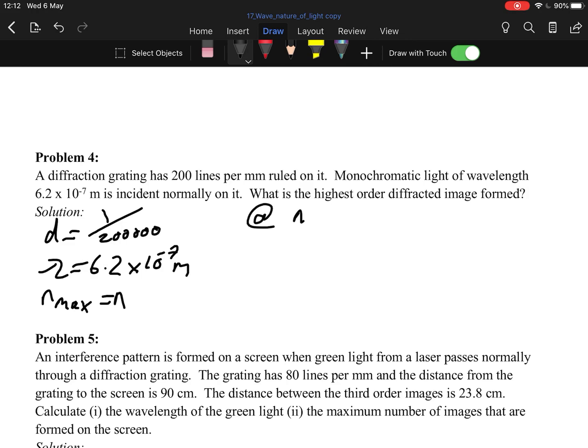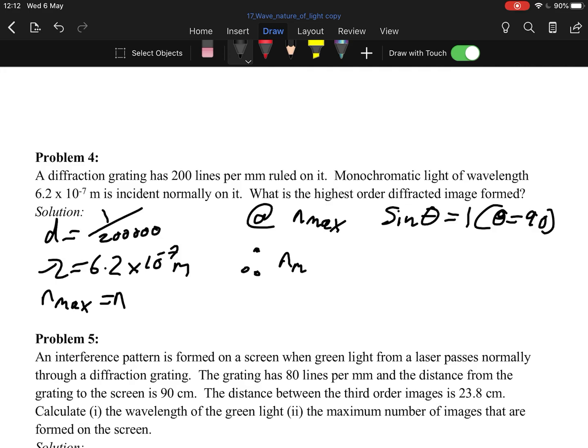So at n max, you have to mention that theta equals 90. Okay, so you could either say at n max sine theta equals 1 or theta equals 90. Either way, I always go sine theta equals 1.